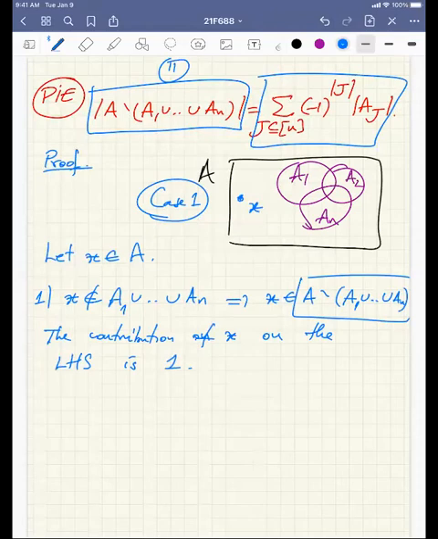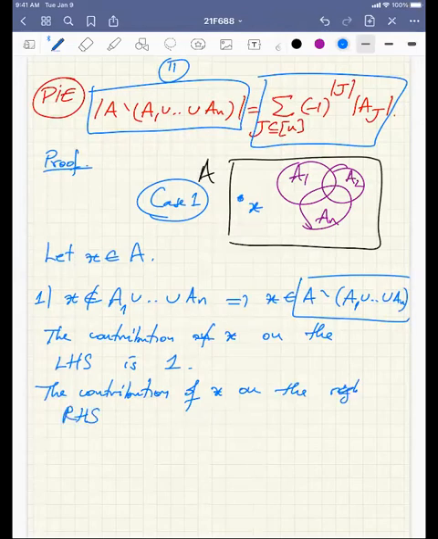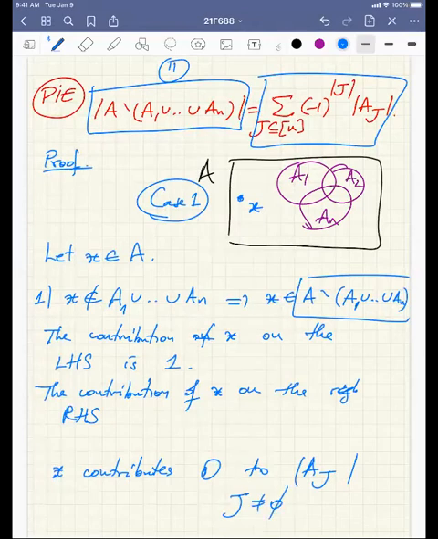So that's clearly 1. What is the contribution of x on the right-hand side? Well, to see that, note that x contributes 0 to any cardinality of AJ when J is not an empty set, because such an AJ will be the intersection of some sets Ai, but x is in none of them, so it doesn't get counted.